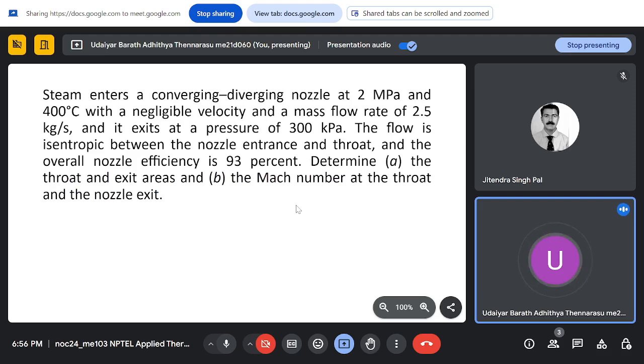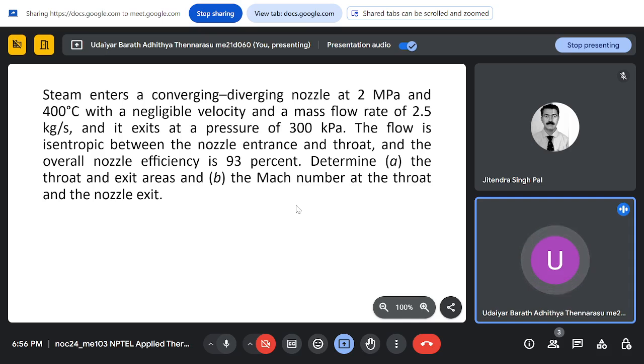Okay, so moving on, we have steam which is entering a converging diverging nozzle at 2 megapascal and 400 degrees Celsius with a negligible velocity and a mass flow rate of 2.5 kg per second.